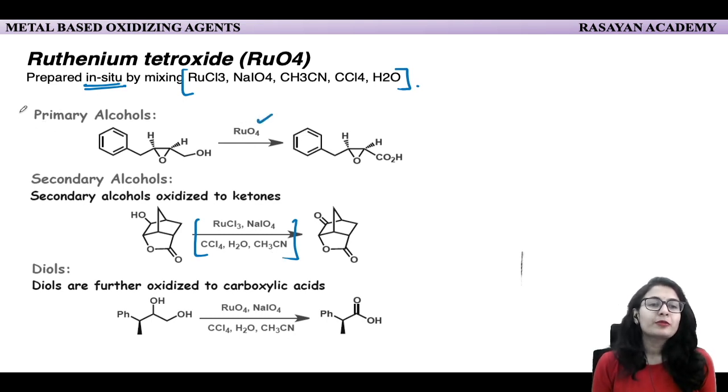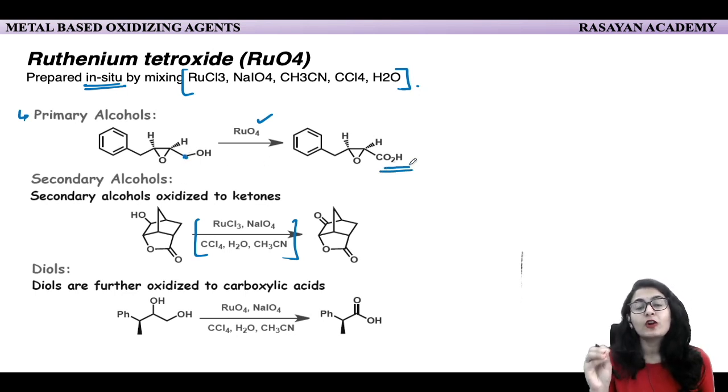Let's see. It oxidizes primary alcohol into acid. Primary alcohol oxidation into acid directly. Why? Because ruthenium is present in +8 oxidation state over here, very highly oxidizing in nature. But what we need to see is that it is an alpha beta epoxy alcohol.